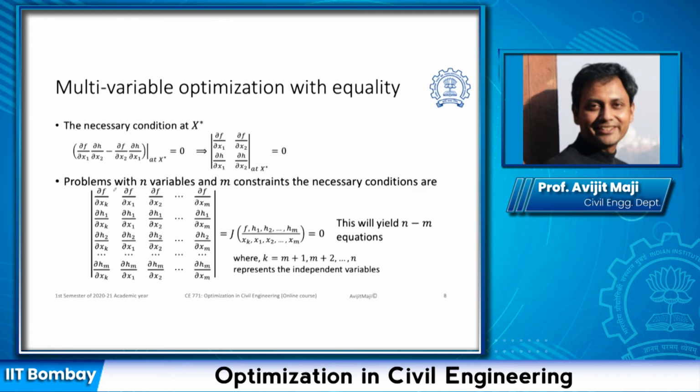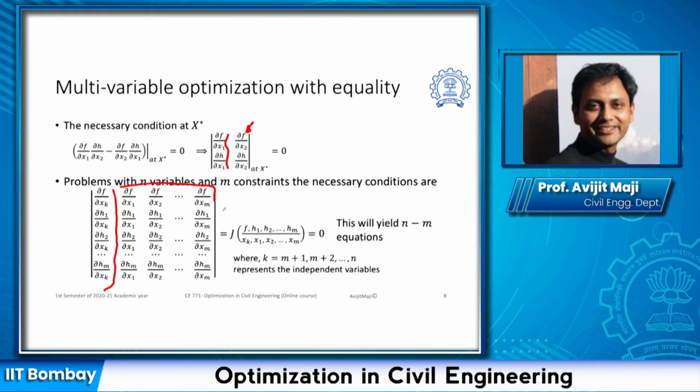Here you will see that the first column represents the independent variable, which I had marked here, and the rest of the columns are representing the dependent variables, which I had indicated here as well.